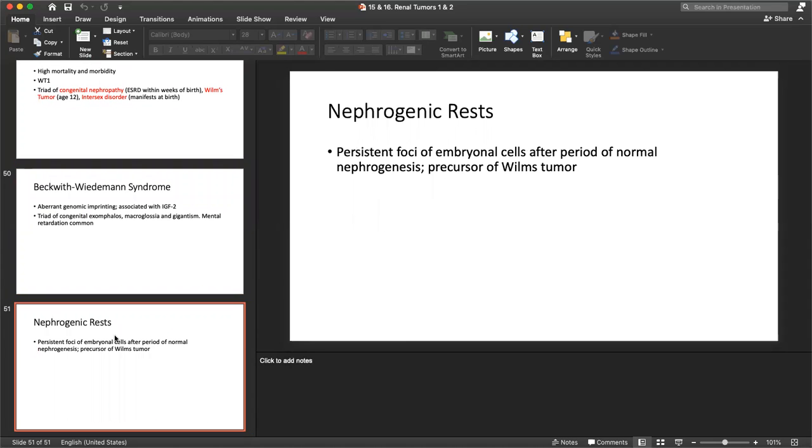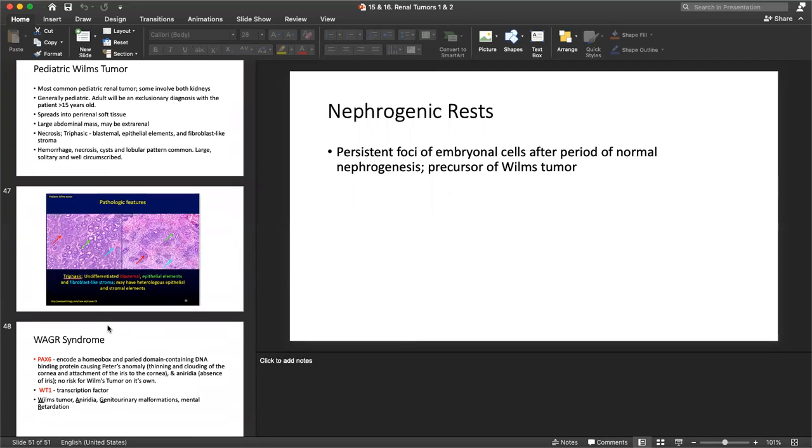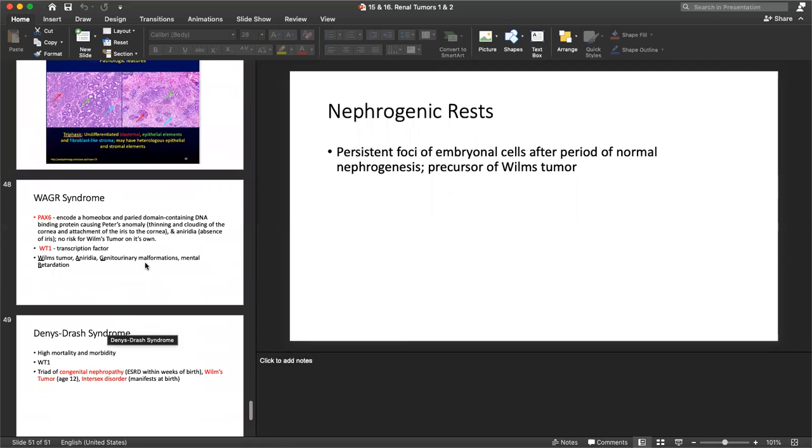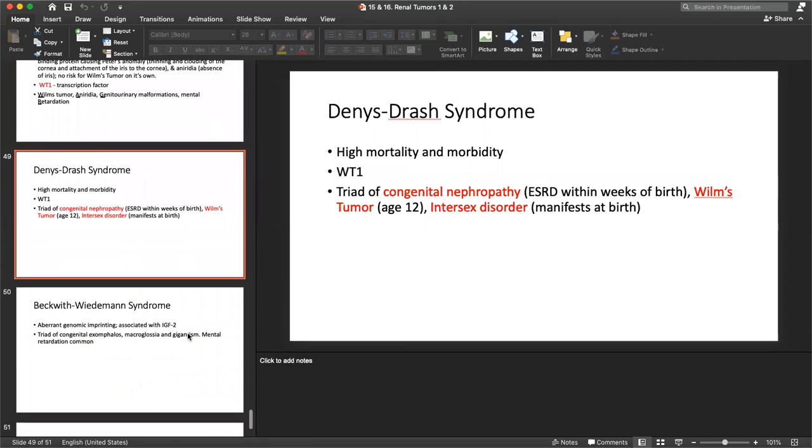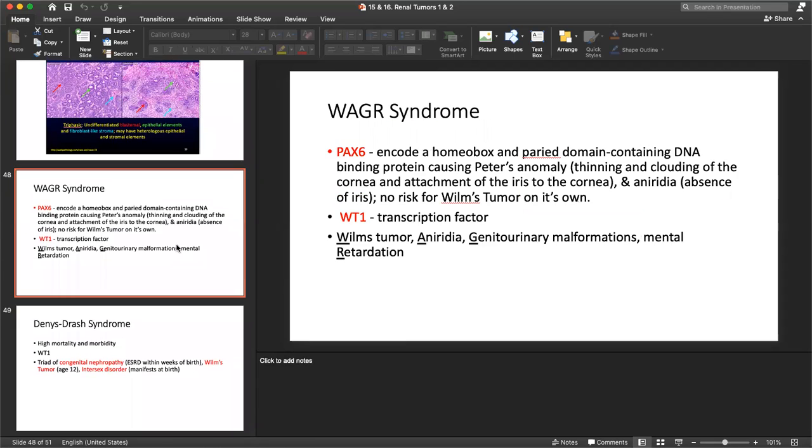Nephrogenic rests are going to be focal, persistent embryonal cells after a period of normal nephrogenesis, which is going to be a precursor of Wilms. I don't think this one's as important as some of the other ones. So make sure that you know the Wilms and you know the syndromes that go with it. I think the easiest one is WAGR because it spells it for you.